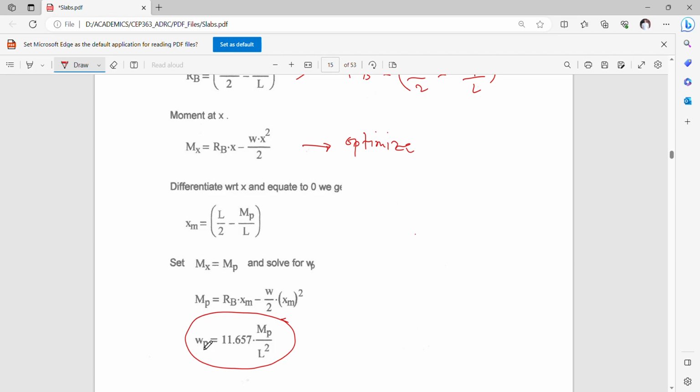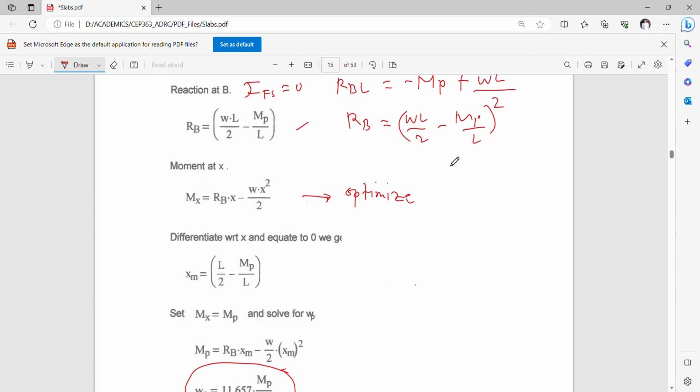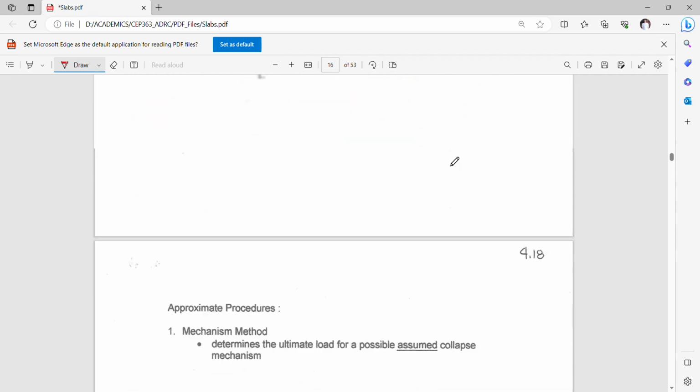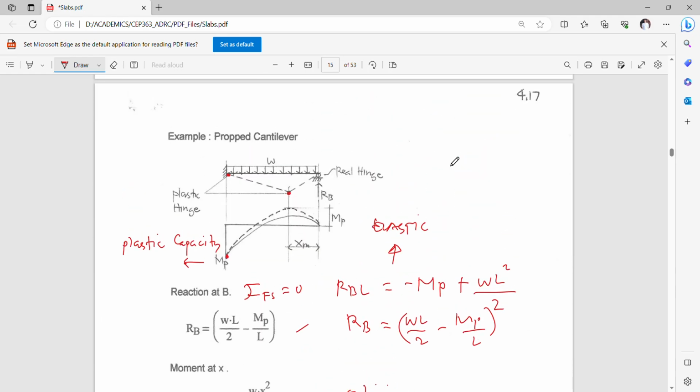So your W is dependent on your plastic moment. So this plastic moment is simply the plastic capacity that we can compute if we have designed this beam using elastic procedures. Okay, so we are now talking here of capacity limits in this regard. So that's how we deal basically with limit analysis.